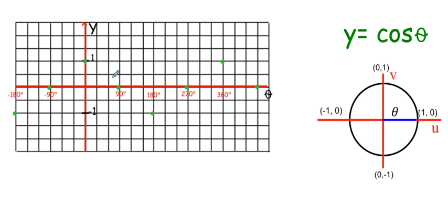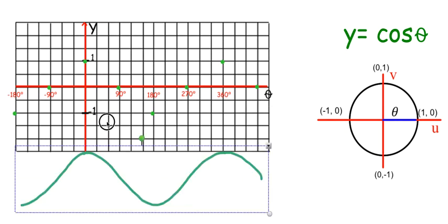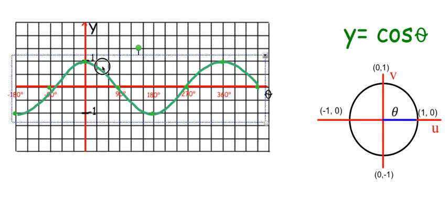Where it hits a maximum, where it's on the theta axis, where it is on a minimum, and so forth. So once we get those dots in here, we can just make a nice smooth graph and connect them all. We don't have to put in all the other points like I said before, 30 or 60 or 45. So that's what a cosine graph looks like.